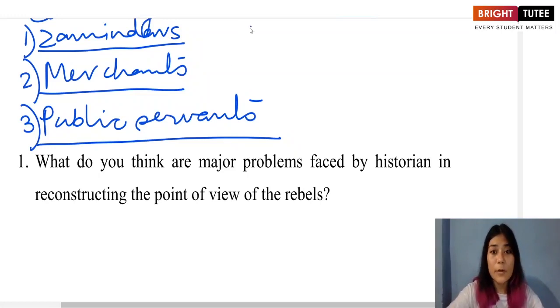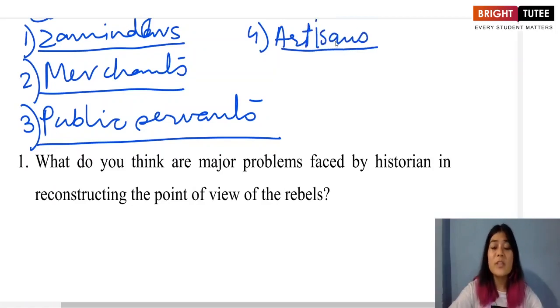Now, number four is the artisans, right? With the establishment of the British government, what happened? The markets in India were flooded with British finished goods, which were cheaper, but it impacted the artisans. It impacted the weavers because people no longer bought the hand-loomed products.